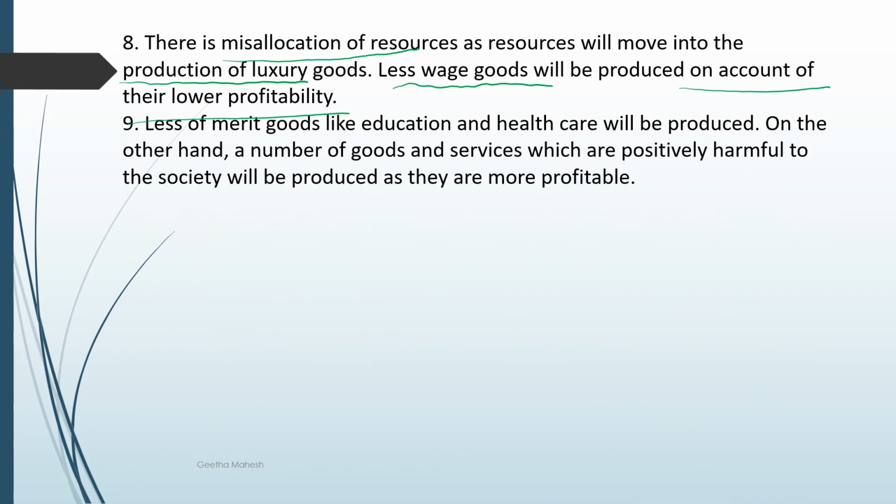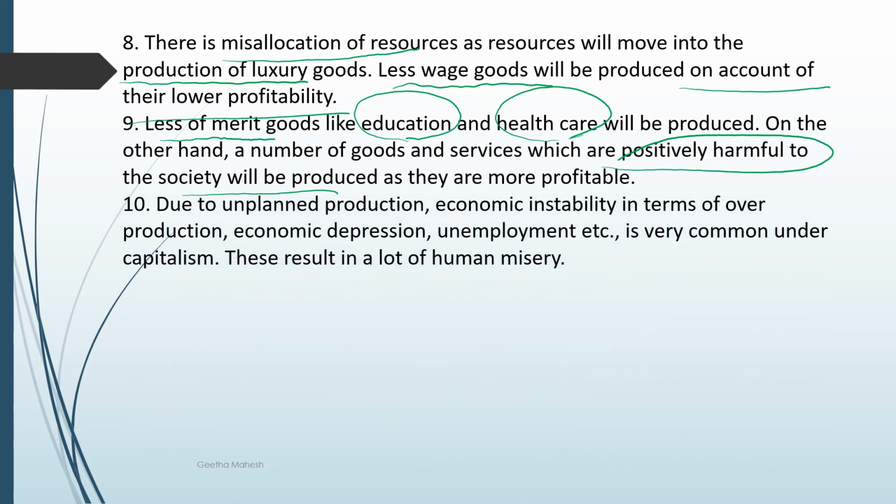Here you can see fewer merit goods like education and health care will be produced. On the other hand, a large number of goods and services which are positively harmful for society will be produced as they bring more profit to producers.